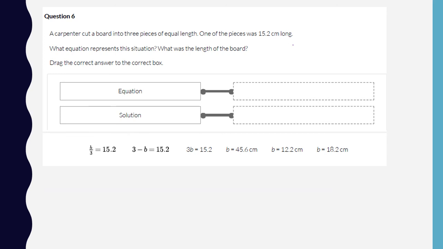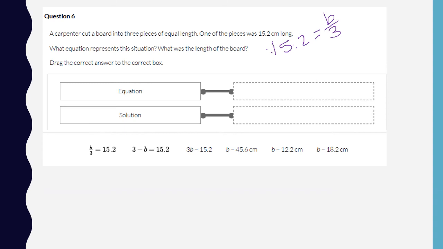One of the pieces was 15.2 centimeters long. What was the length of the board? So we've got 15.2 is equal to the board divided into 3 pieces.